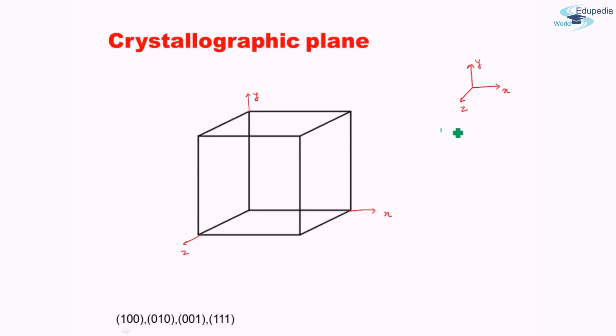So for 1, 0, 0, you take the reciprocal, you get 1, infinity, infinity.